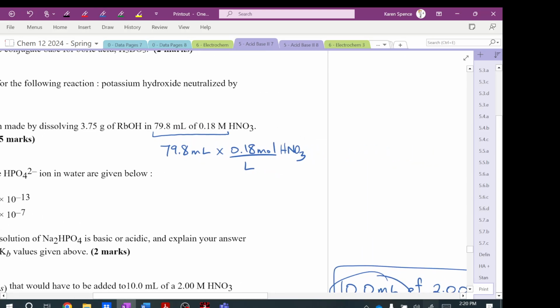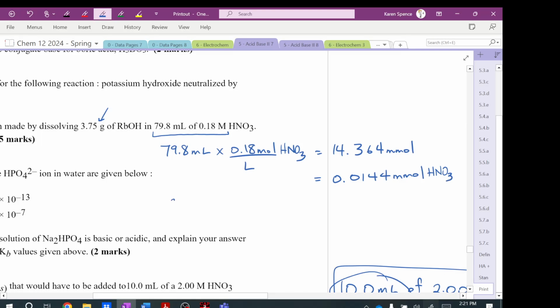So that is equal to 79.8 times 0.18, which is 14.364 millimoles, but I'm going to change it to moles because my grams is going to give me moles. So I'm going to move my decimal place 3 places, 0.014364 moles. Don't round off here though, just keep that number in your calculator. Okay, so that's how many moles of HNO3 we have.